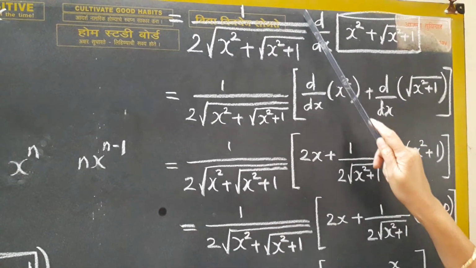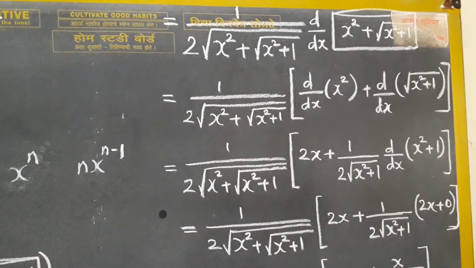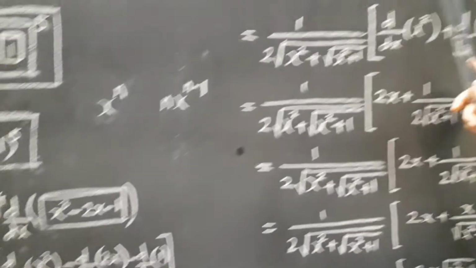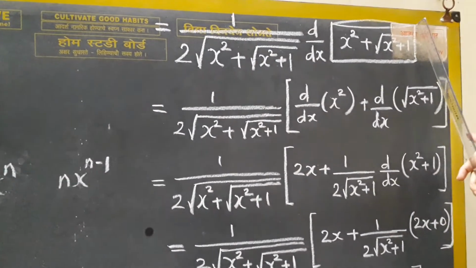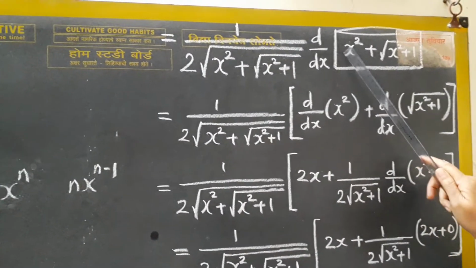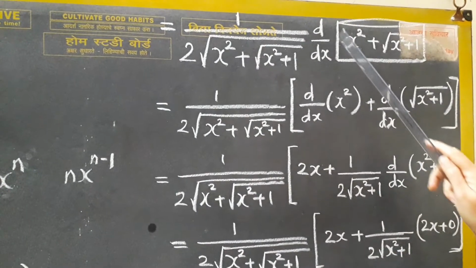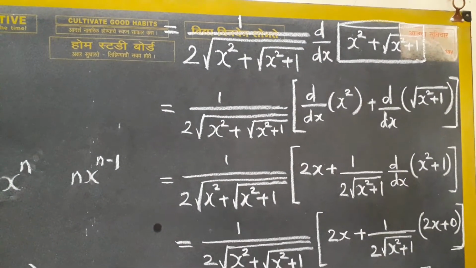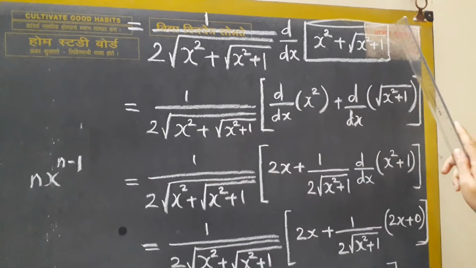Now the remaining part is that I have to open out one more box. See that we have already found the derivative of root of the whole expression. Now we will find out the derivative of the inner box.